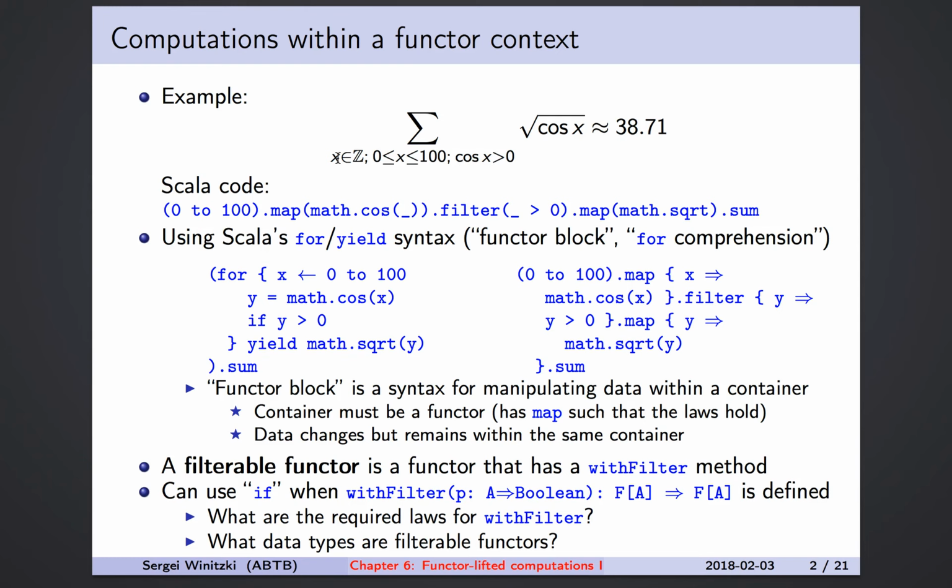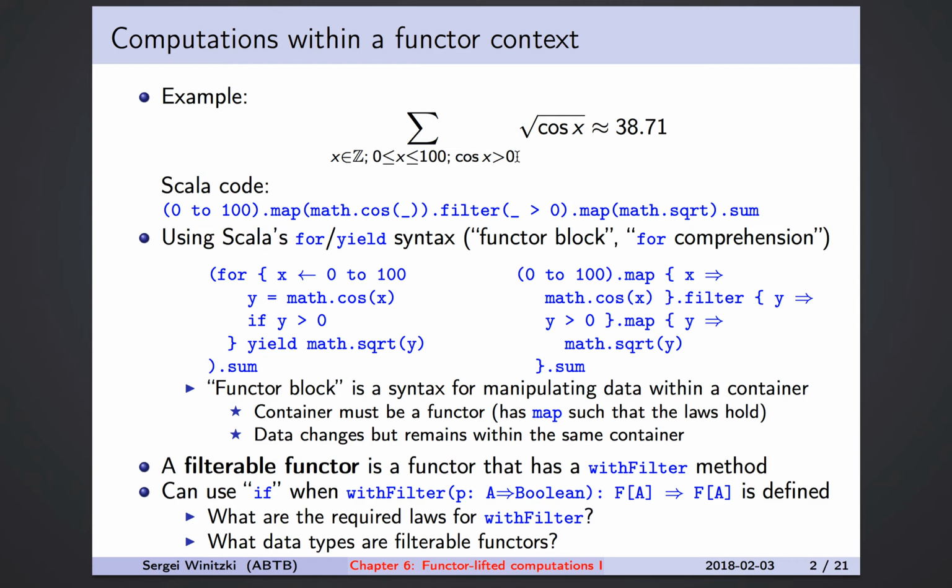Now, let us look a little bit more carefully at what this computation is doing. For all integer x such that x is between 0 and 100, we select those that have positive value of cosine x, and then we compute the square root of cosine x and sum over all those.